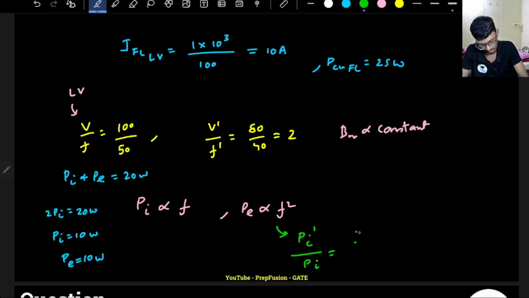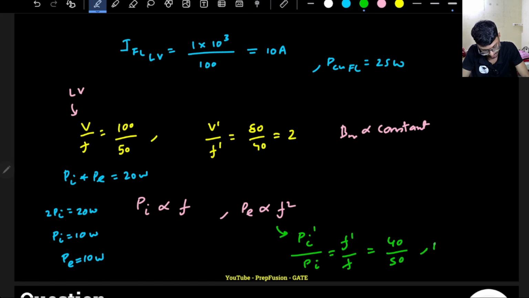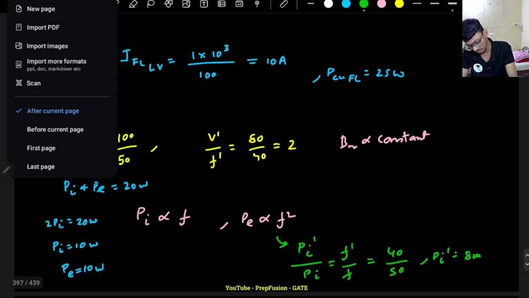It is proportional to frequency, so it will be F dash upon F. F dash is the new frequency, that is 40 hertz, old frequency is 50. Ph is 10 watts, so Ph dash will be 8 watts. So the hysteresis loss will be 8 watts.